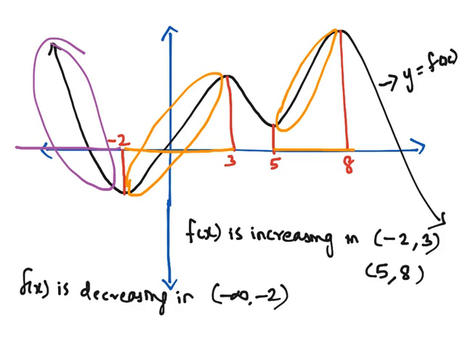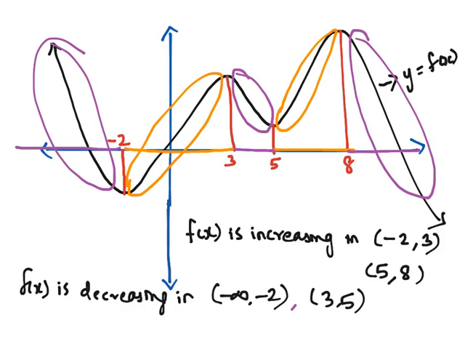And also between 3 and 5, the function is decreasing. So I will write 3 comma 5. And also after 8, the function starts decreasing once more, right? So I will write after 8, that means 8 comma infinity. Good. I hope everyone got it right.